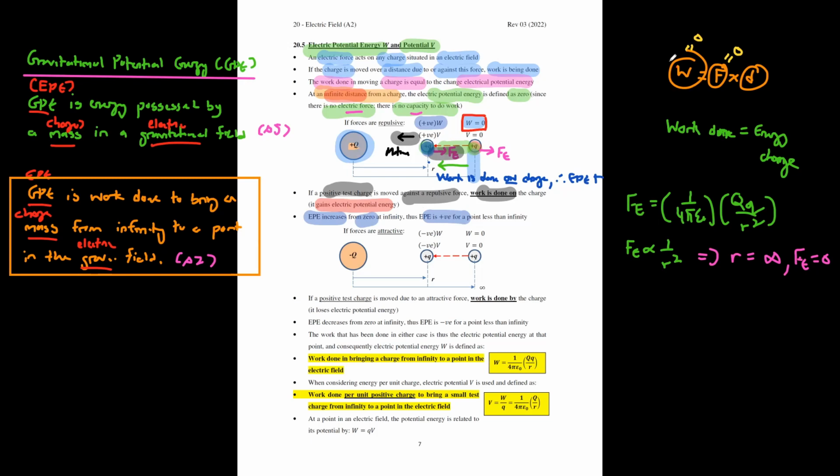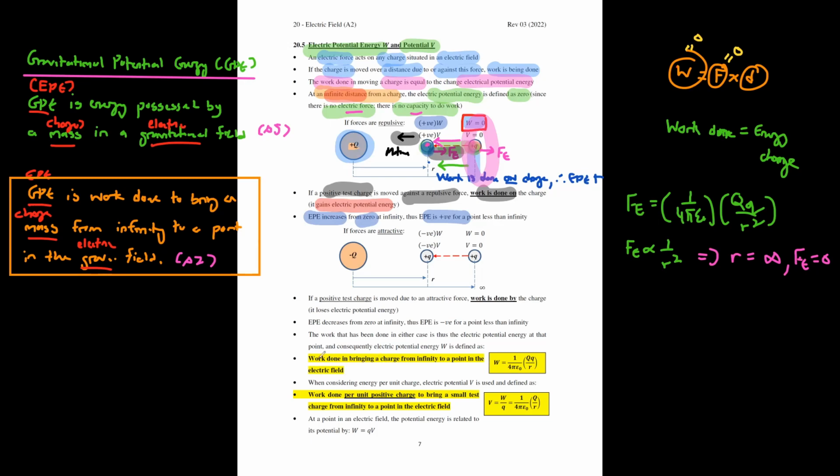Another thing I should mention is that infinity is your starting point, your reference point, where the energy is considered to be 0. So you go from here all the way to here, and whatever work you do is equal to the change in electric potential energy. Your change in electric potential energy would be the potential energy at this point itself.